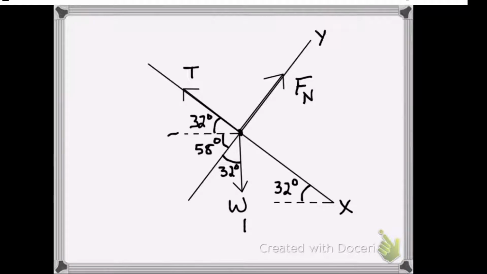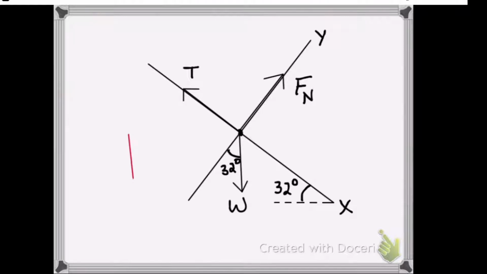Okay, the reason that that's helpful, and let me get rid of some of these marks. There we go. Okay, and so you figured out that this is 32 degrees. Okay, what we're going to do is we are going to make a right triangle out of that weight vector.